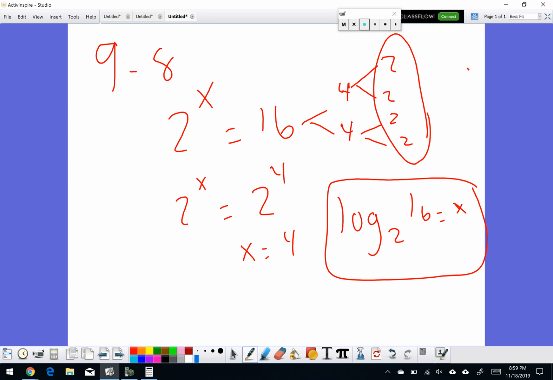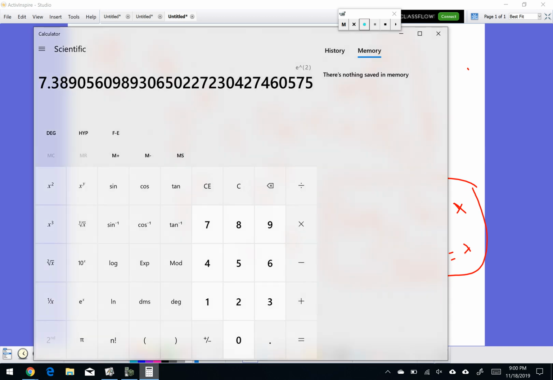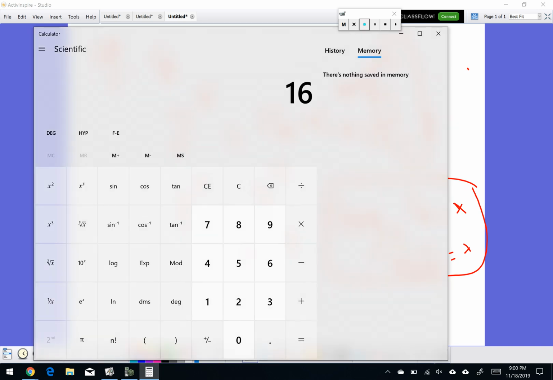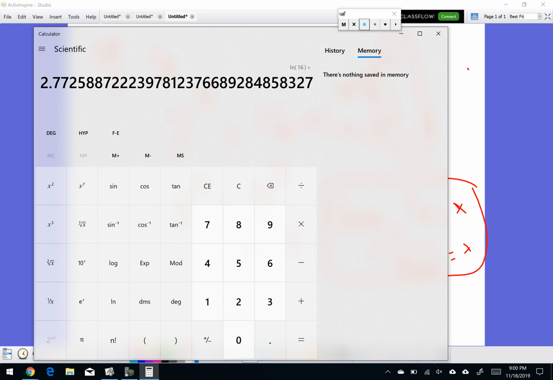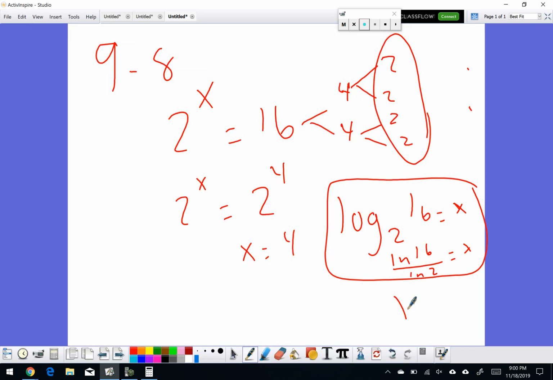Let's go back here first, which is ln of 16 over ln of 2. So I go 16 ln divided by 2 ln equals 4. And notice we got the same answer, x is 4, either way.